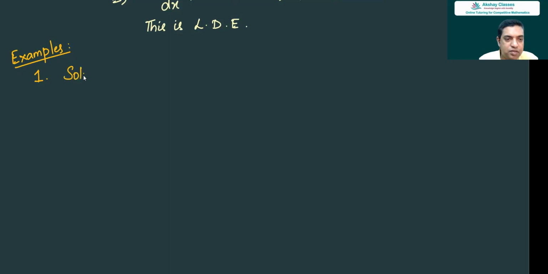Solve dy by dx minus y tan x is equal to minus y square secant x.